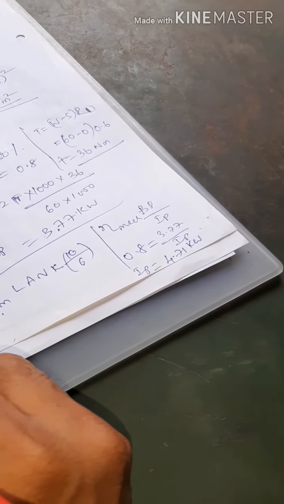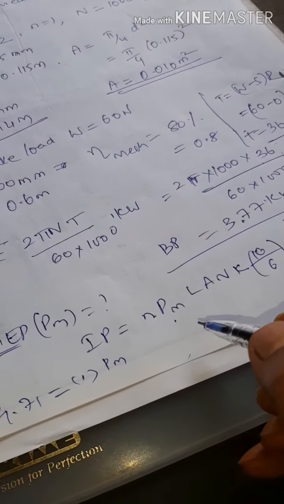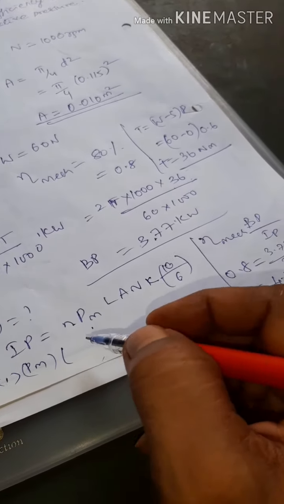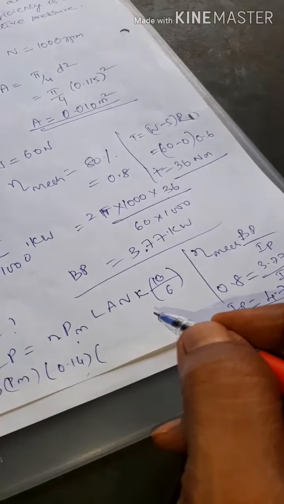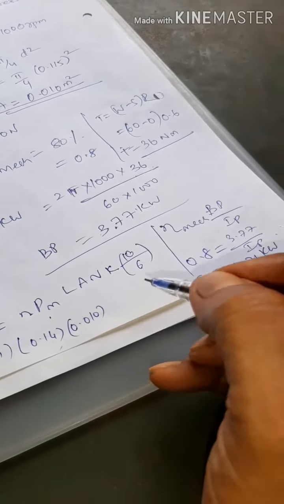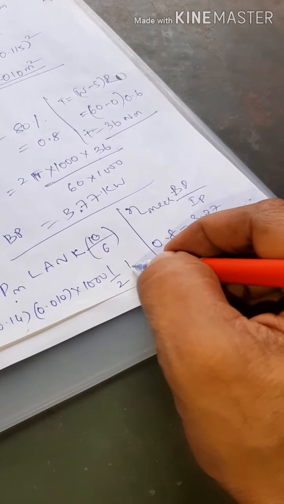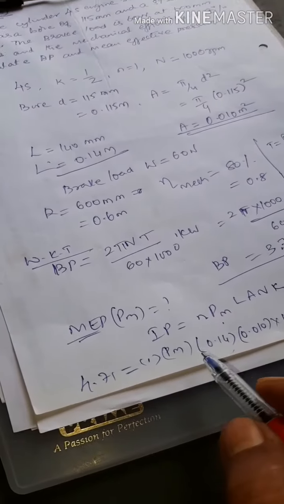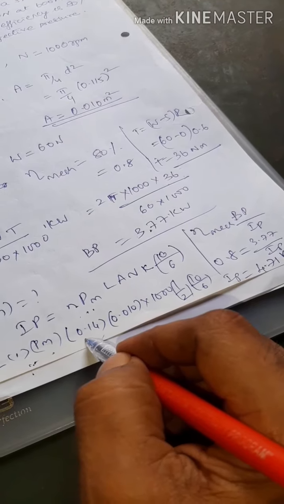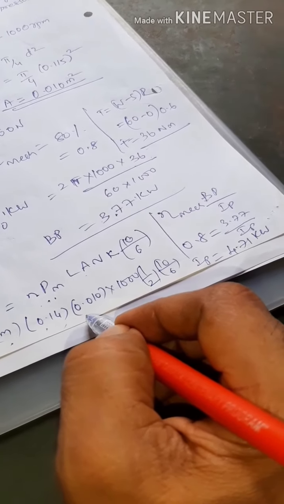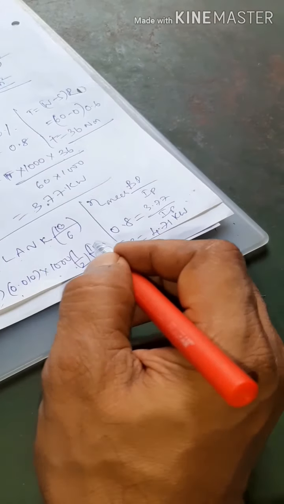So substitute here: 4.71 kilowatt is equal to the number of cylinders, which is 1, times PM, which you have to find out, times the stroke length 0.14 meter, times the area 0.010, times N, which is 1000, times k, which is 1 by 2 for a 4-stroke engine, divided by 10 to the power 6.